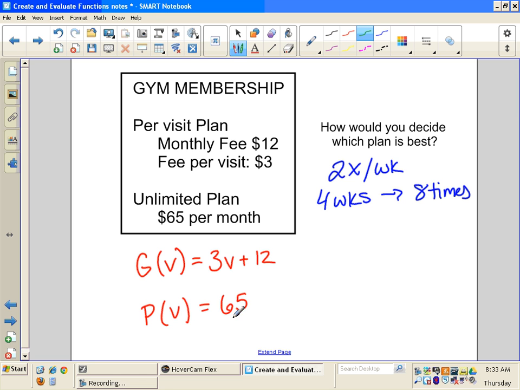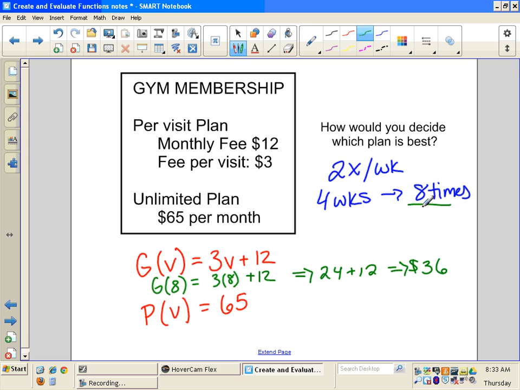Well, to determine which is better, you probably want to plug in the number of visits into the V here. So G of 8 visits is going to be 3 times 8 plus 12. Well, that's going to be 24 plus 12, which becomes $36.